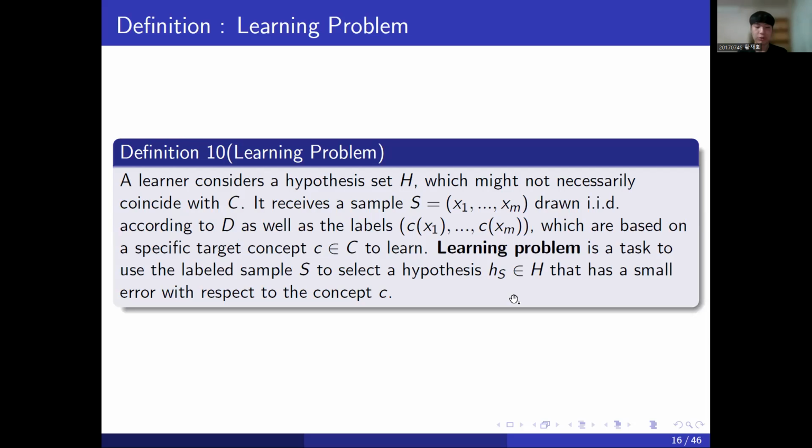Now we move on to the complicated definition of the learning problem. A learner considers a hypothesis set H, which might not necessarily coincide with C, as I mentioned before.